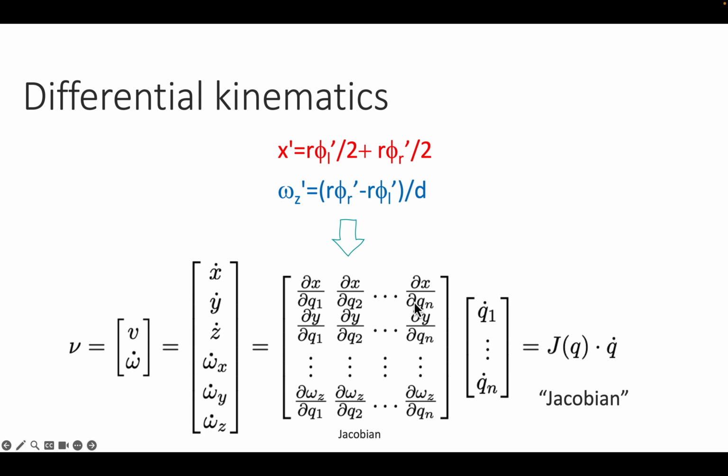So here the end-effector space are joint angles, and so we take the derivative of x, y, and z with respect to the first, the second, and so on joint. If you do this here, you would take the derivative of x with respect to phi left, and then the derivative of x with respect to phi right, and you will get a 2 by 2 matrix. And when you do this, you will find that you get exactly the equation that we have here.